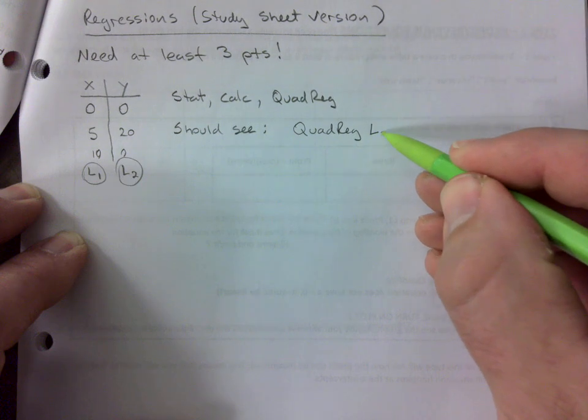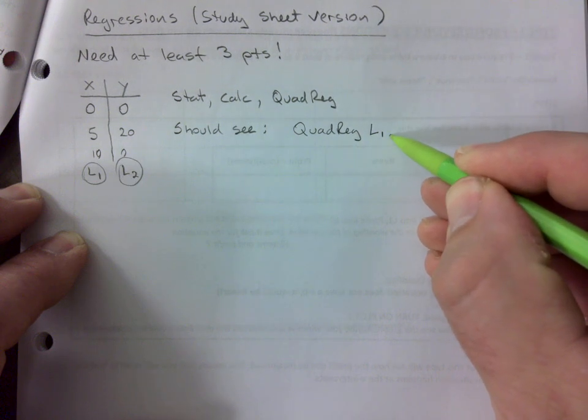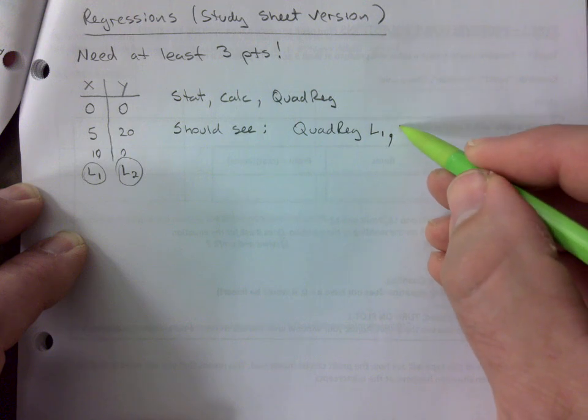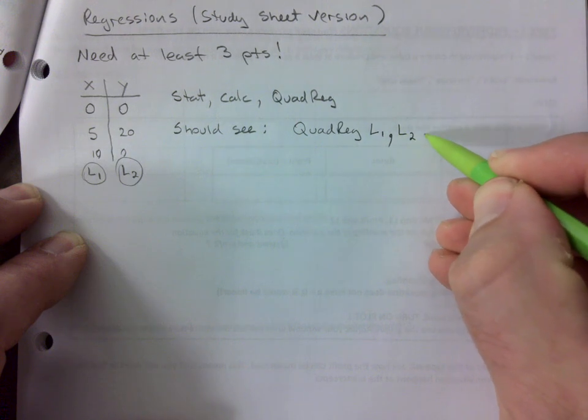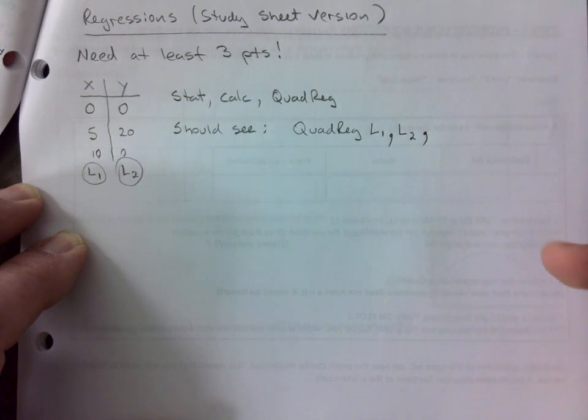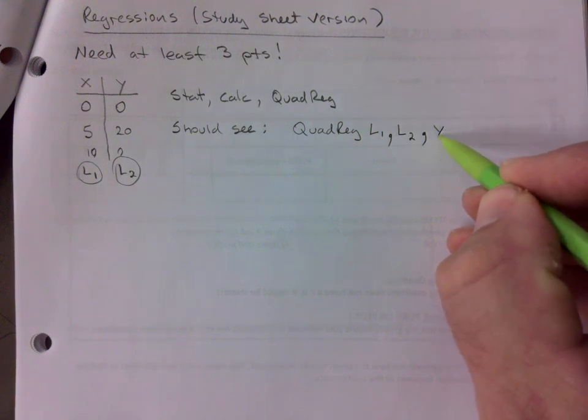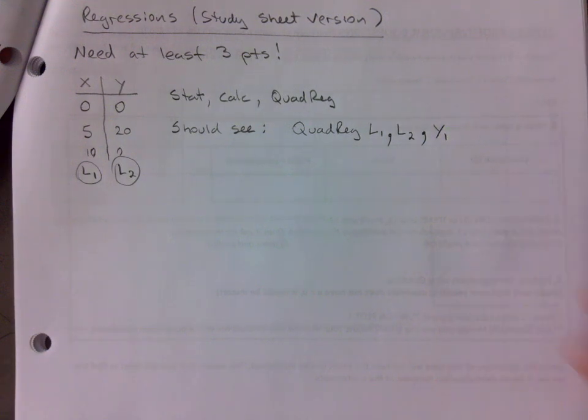You're going to feed it L1, comma, L2, comma. Those commas look weird, but I do want them to stand out because a lot of students forget this part, the commas, and then they just get an error message. And then Y1.